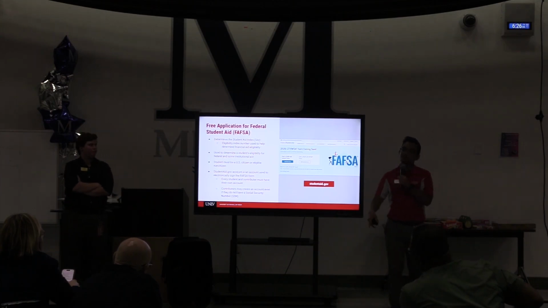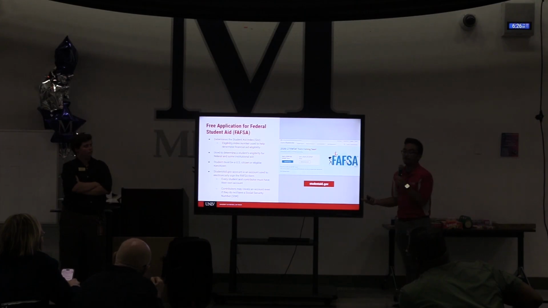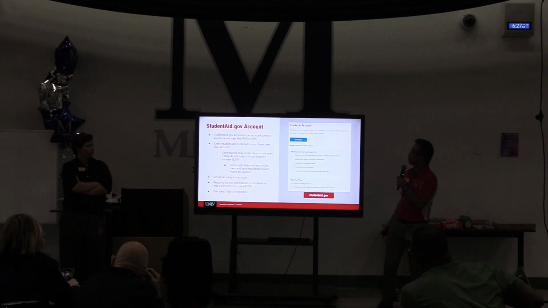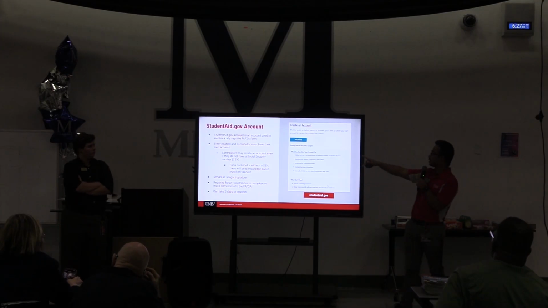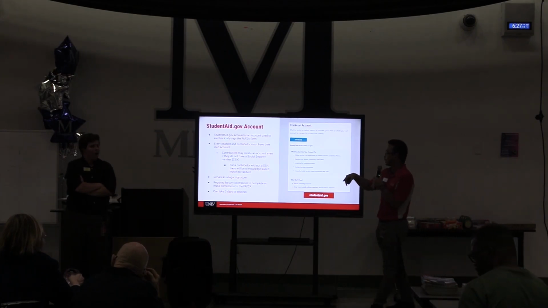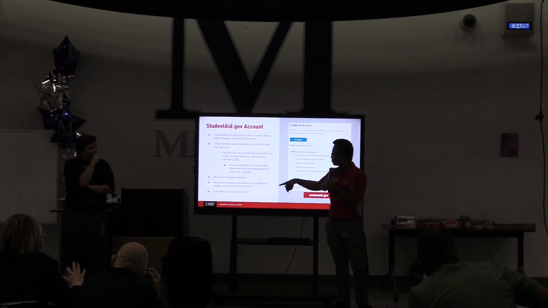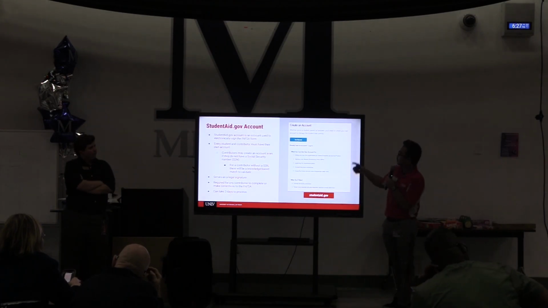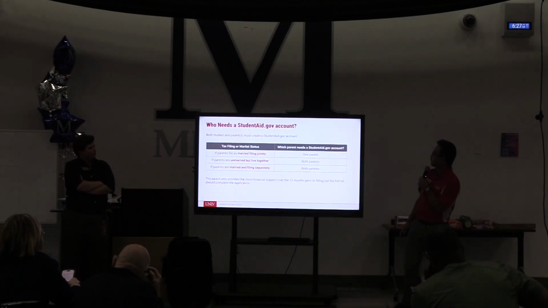So the student is a contributor, you are a contributor. Everyone that is a contributor needs an account. And this is how you make an account. Like I said, every contributor must have their own account. And that's okay, we can go over that later.